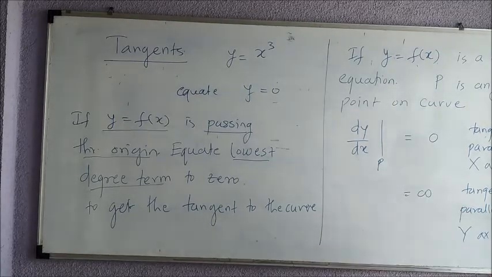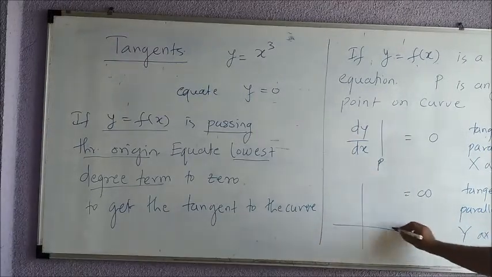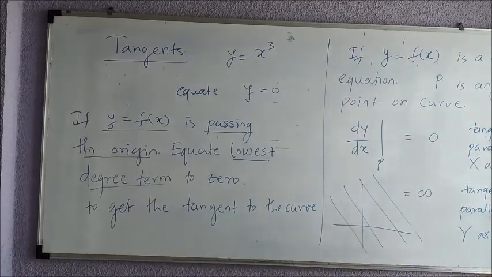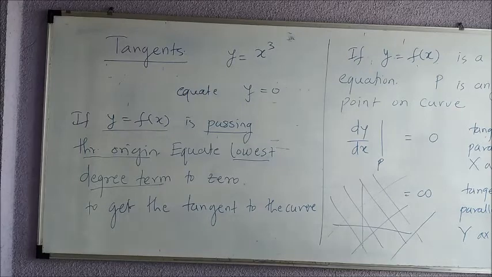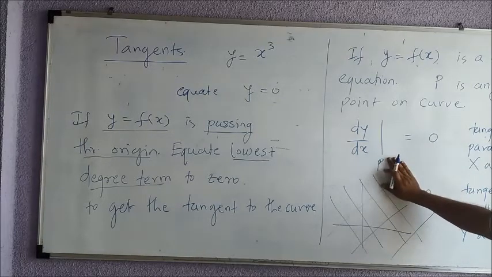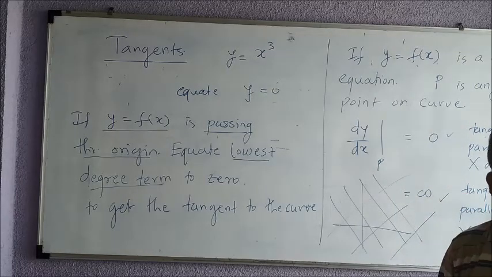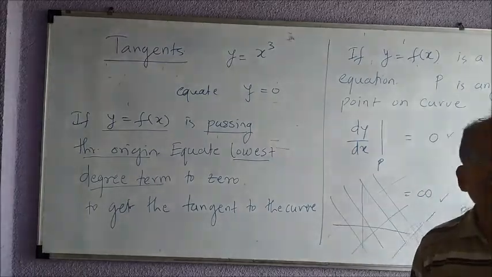If it is positive, the tangents are oblique like this, all tangents of positive slope. If it is negative, the opposite of that, negative slope, and so on. So we can determine the nature of the tangent by looking at the derivative at that point, because this gives me the slope. These two slopes are very important for us, parallel to the x-axis and parallel to the y-axis. So please note all these things. We will see the illustrations in the next video.